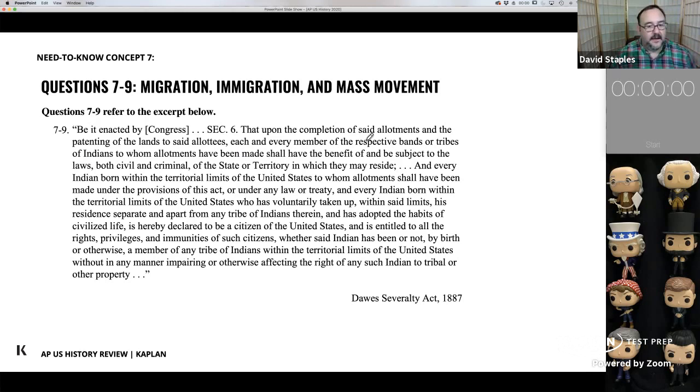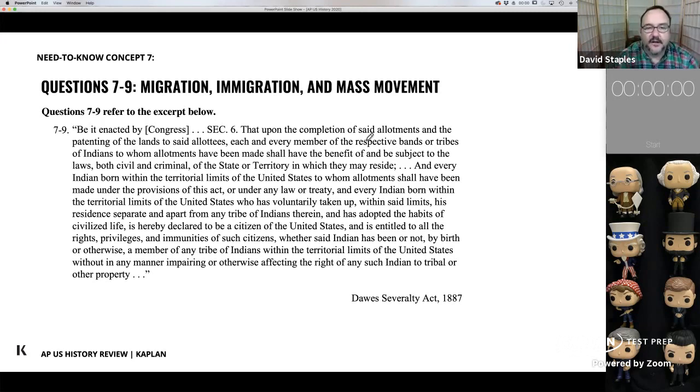Okay, so we've talked about the Great Migration and the immigration movements. Now I want to talk about another mass movement that we may not think about, where the American Indians, the Native Americans, whatever term you want to use, were forcibly moved.